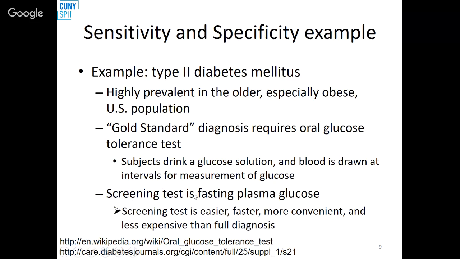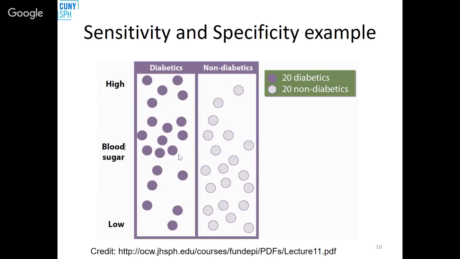Whereas the screening test is just you fast and see what your background level of glucose in your blood is after you haven't eaten for a while. So, as is in general true for these things, the screening test is easy, fast, convenient, and cheaper, and the gold standard is much more difficult and expensive and time-consuming to do.